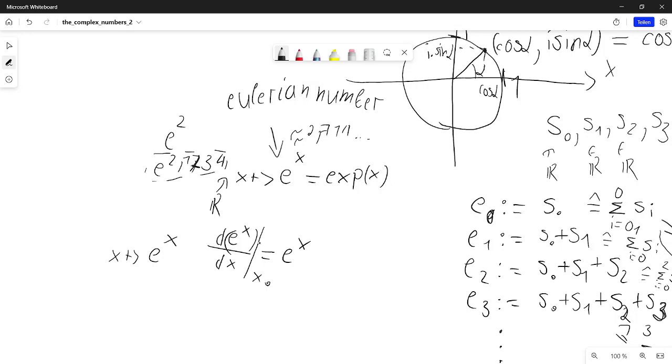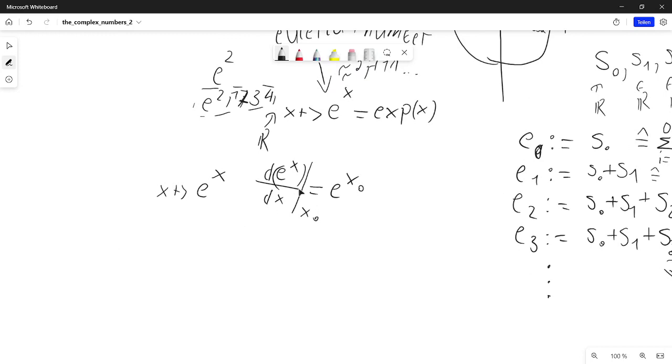We take this function and compute its derivative at point x0, which is of course e to the x0. This is just the general notation for derivative, and this is the derivative at this point. You might also have written it without this, just the derivative with respect to x, and you would say the point is x. Doesn't matter. The derivative of this function at the point x0 is exactly the value of the function at the point.